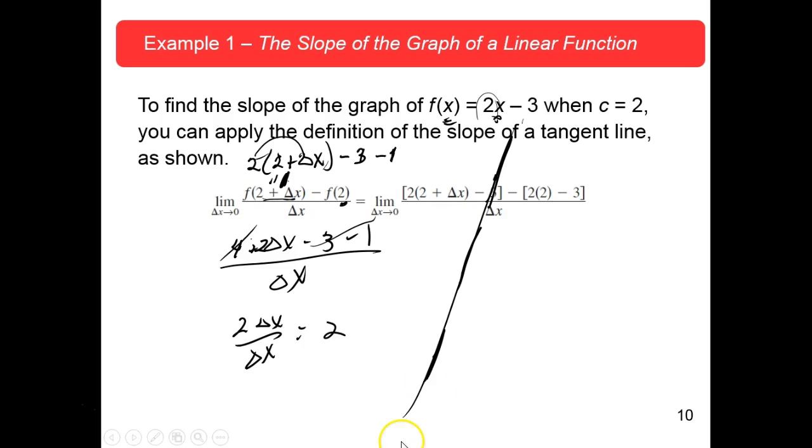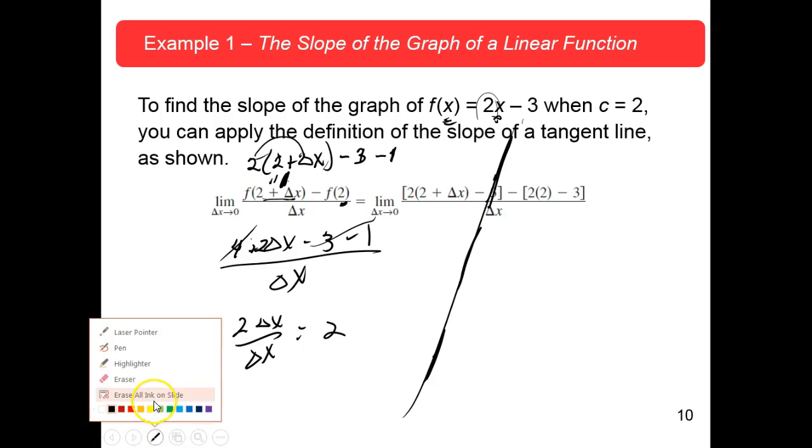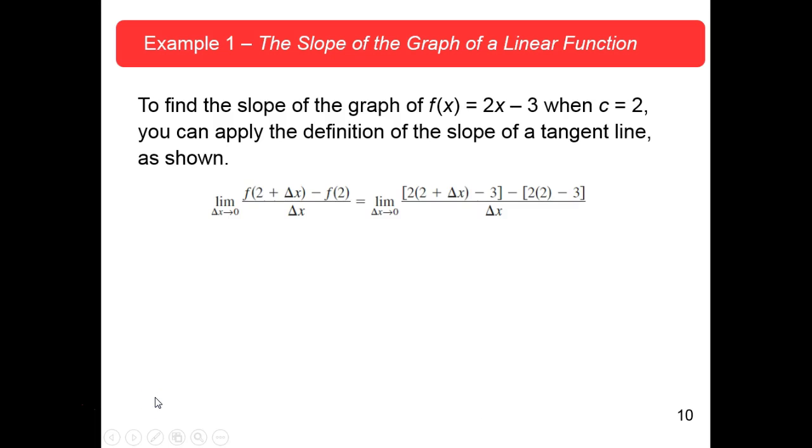Okay, sorry about that. I get going too fast. Let me erase this and see what they do next. They did the same thing I was doing, but I just didn't pay attention to them. 2 times this, that, and that would be 2 times 2. You see, you just plug in this for x here, and this for x there.